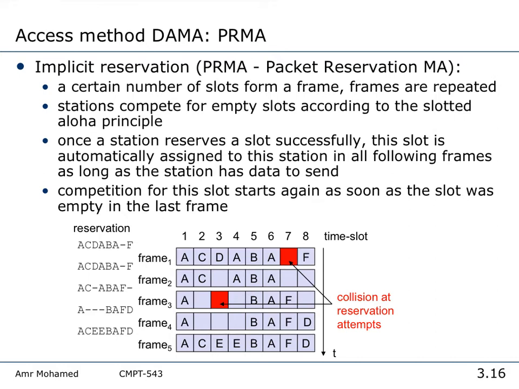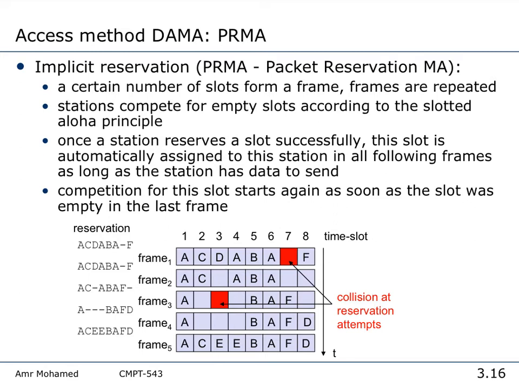Okay, so here in this example, we have frame one. A frame here is divided into 8 time slots. Could be 10, could be whatever. I specify that. So in frame one, nodes A, C, D, A, B, A, and F are assigned these time slots.